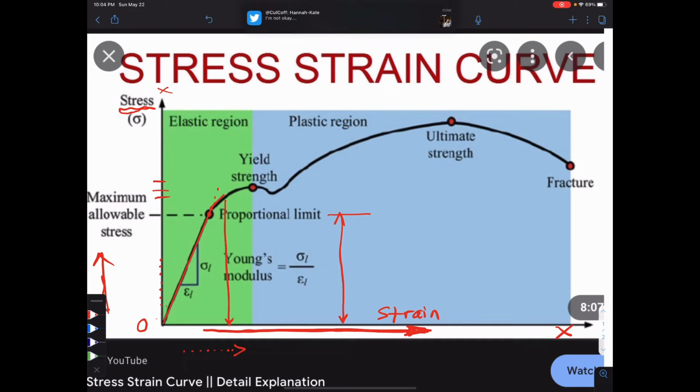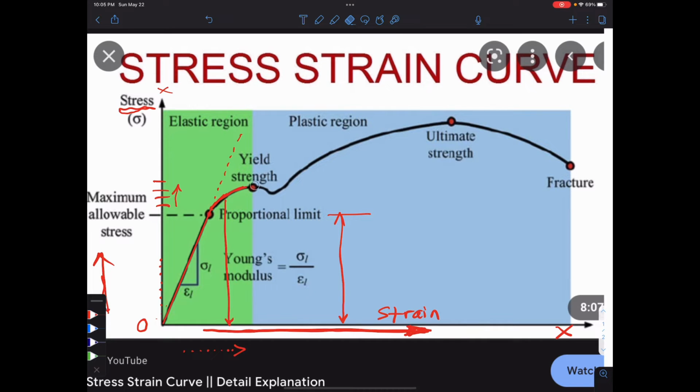You notice if it was still in a straight line, we'd be running up this here, but it's not anymore. It begins to bend or deform faster than it was before, and the load, the stress, does not go up as fast. And so the angle of this graph is changing. It's turning over.